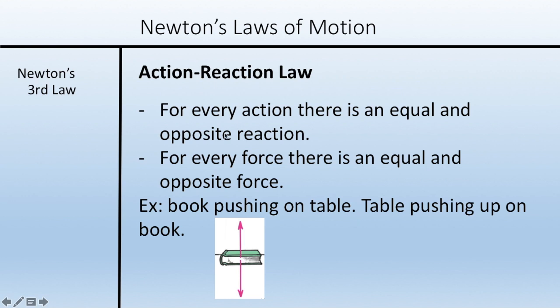For every action, there is an equal and opposite reaction. For every force, there is an equal and opposite force. And you can see this with this one example here, and go ahead and draw this little diagram here of the book. The book is pushing on the table in the downwards motion with the same amount of force that the table is pushing up on the book.